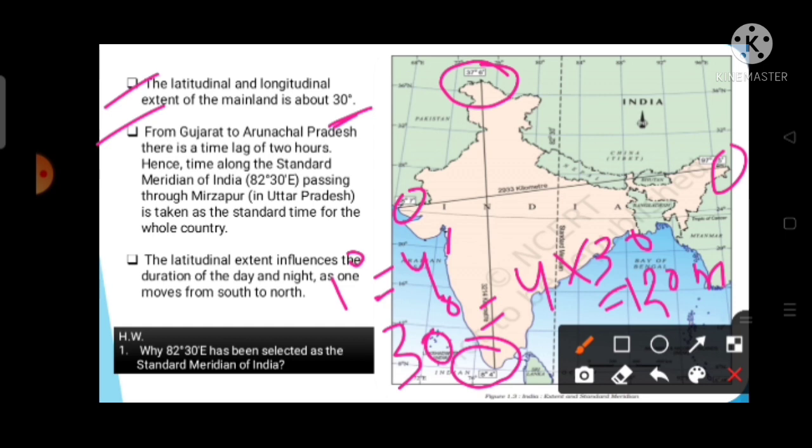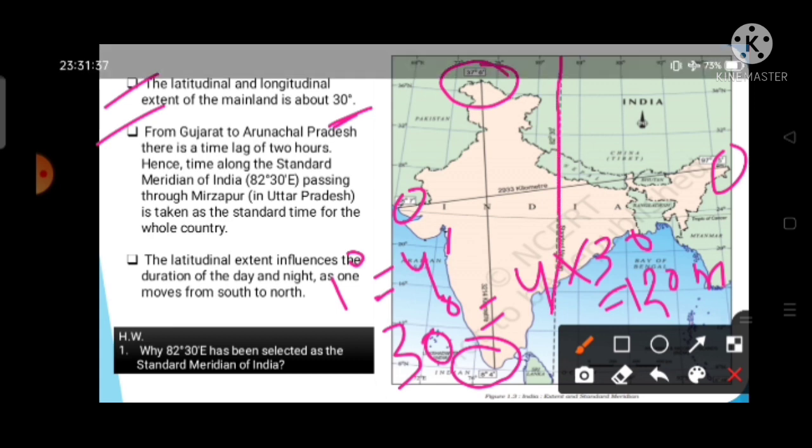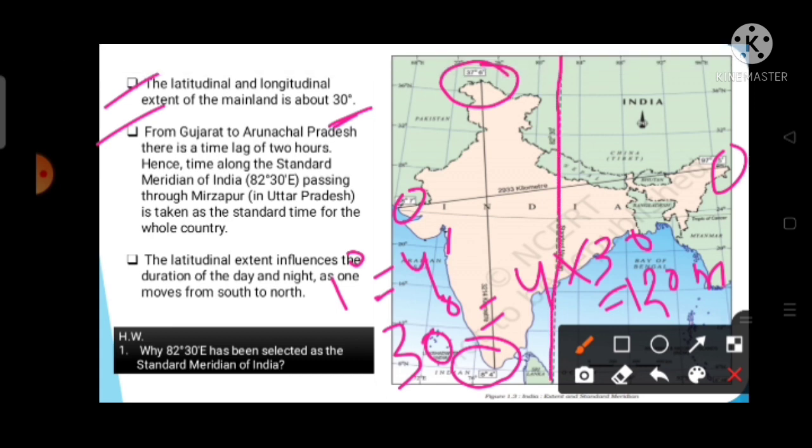2 hours. Okay, hence time along the standard meridian of India, again a point to remember, standard meridian of India is 82 degree and 30 minute east, which passes through Mirzapur in Uttar Pradesh, and it is taken as the standard time for the whole country. We can see the sunrise in Arunachal Pradesh 2 hours earlier than Gujarat.